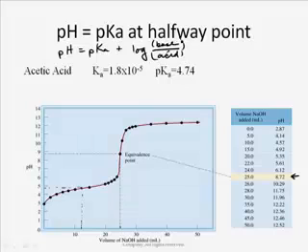As we start to titrate, we're making base. At the halfway point, we have consumed half of the acid, or neutralized half of the acid, which means that the amount of acid and the amount of its conjugate base in solution are equal. So that's why log of 1 is 0, and the pH equals the pKa. That's where that comes from.